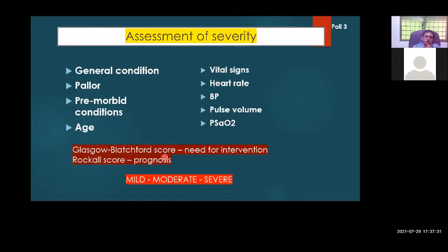The Glasgow Blatchford score and the Rockall score, the first for need for intervention and the second for prognosis, are also important scores used for upper GI bleeding assessment, which can be reapplied for lower GIT bleed as well. Once you assess the patient's severity, you can classify the severity into mild, moderate, and severe.